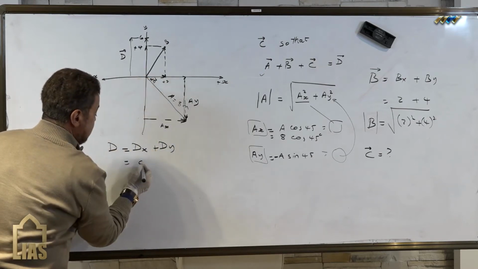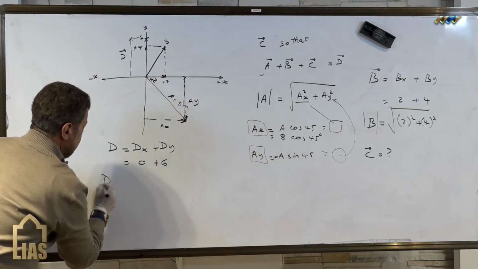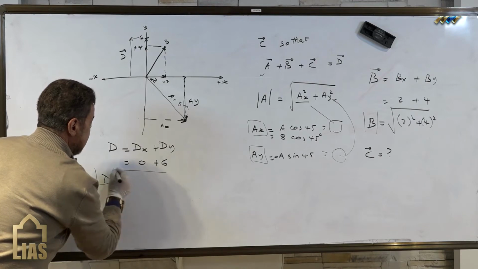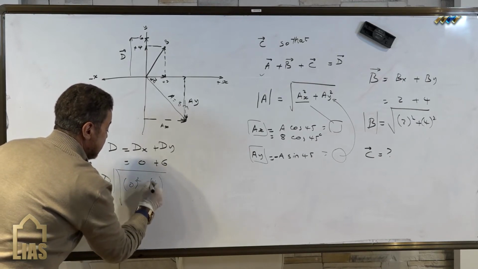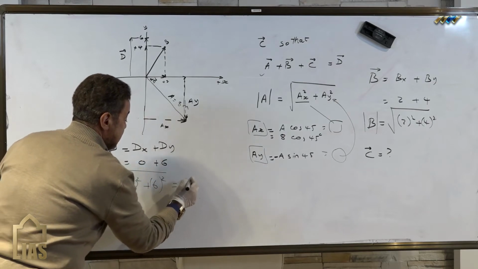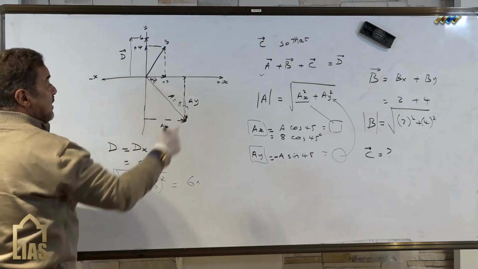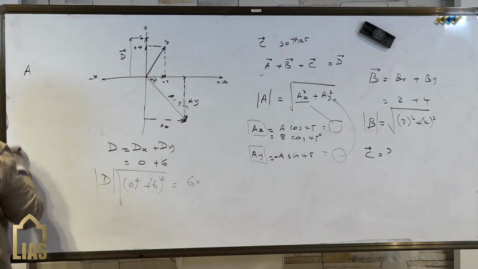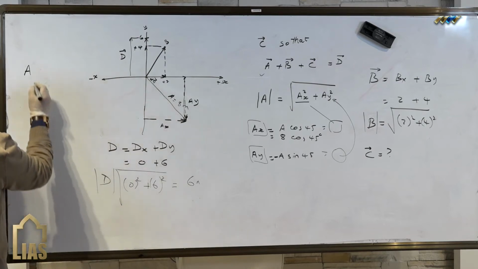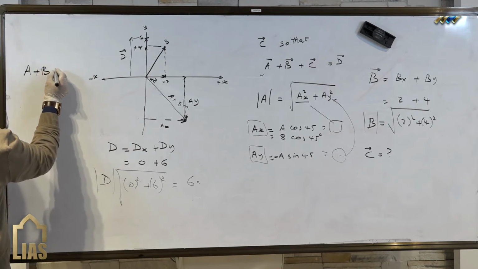Dx is 0, dy is 6, okay? Then the value of D is square root of 0 square plus 6 square. 36 is 6 meters.